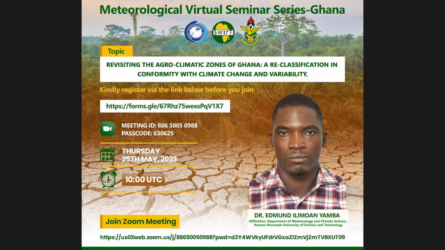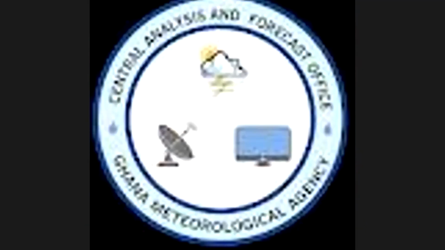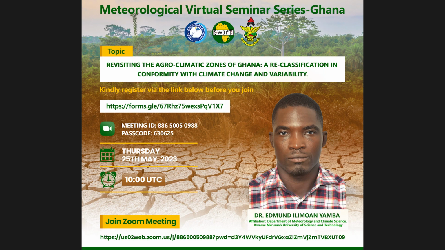Yes. So I'm just saying that even this work that you have done, it would be very good to update it right now using the new normal. That's from 1991 to 2020. Because that will make it even better. So that's where I was trying to land: if we are going to be following these climate windows, it means that for each climate period, we will have to be updating these agro-climatic zones frequently.